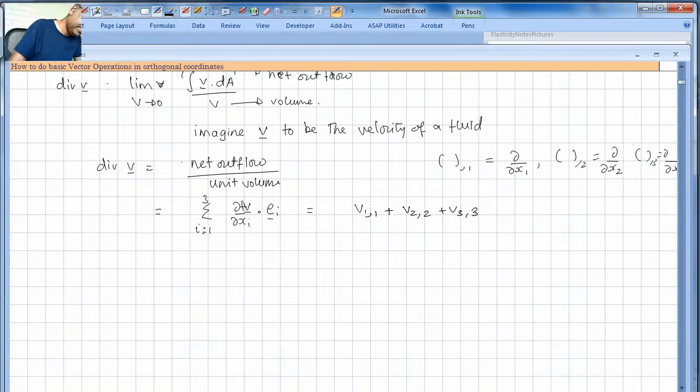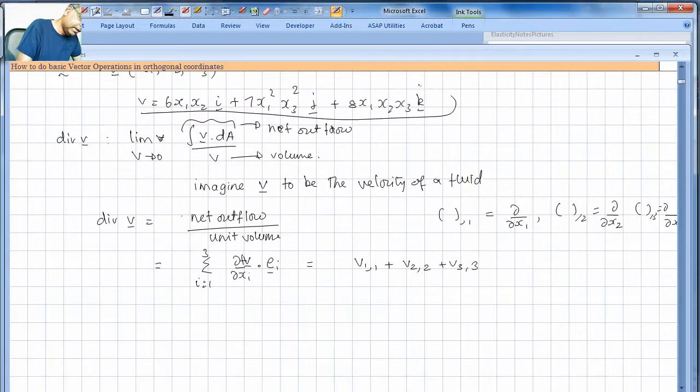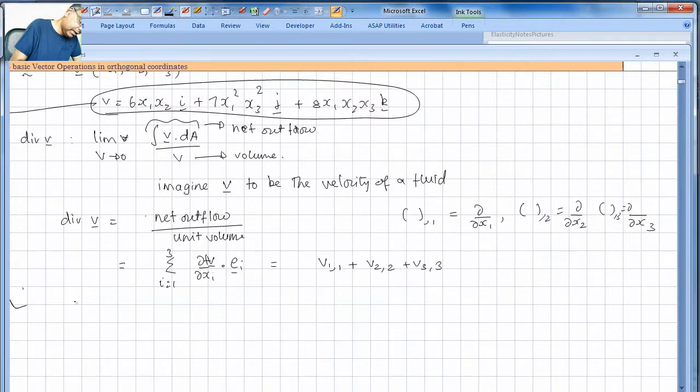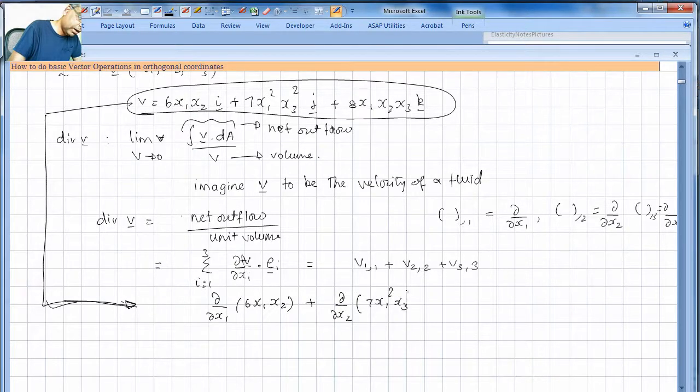This is easy because if you remember, our V looked like that. So I'm going to take that and use this here, and what will I get? I will get V1 comma 1: 6 partial with respect to x1 of 6x1 x2, plus partial with respect to x2 of 7x1 squared x3 squared, plus partial with respect to x3 of 8x1 x2 x3.